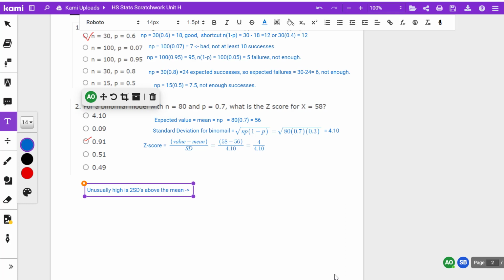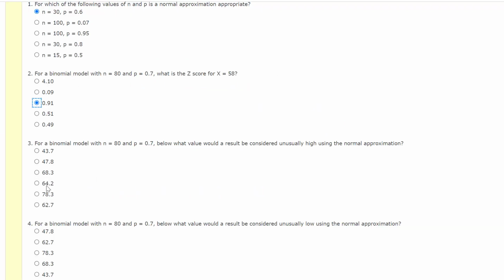We're just going to take the mean, which is 56, plus 2 times 4.10. So you get 56 plus 8.2, which should be 64.2. Let's see what my choices are. Let's try 64.2.